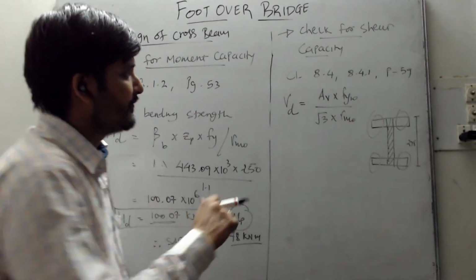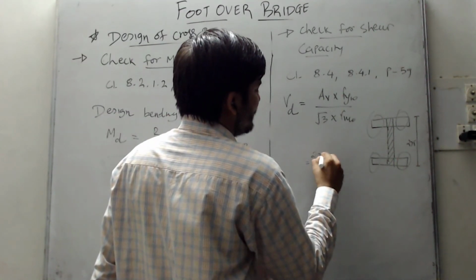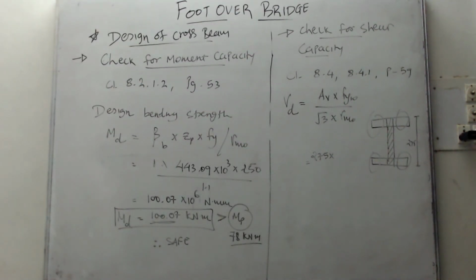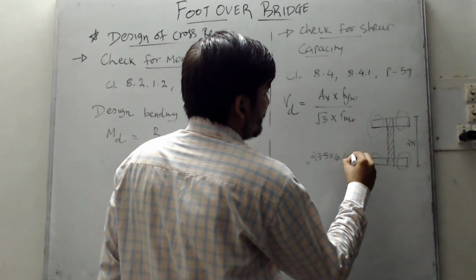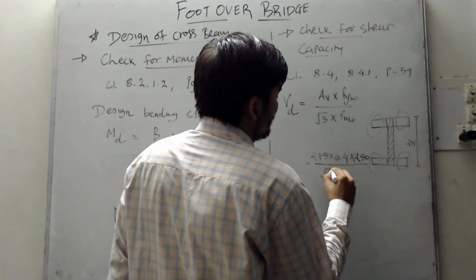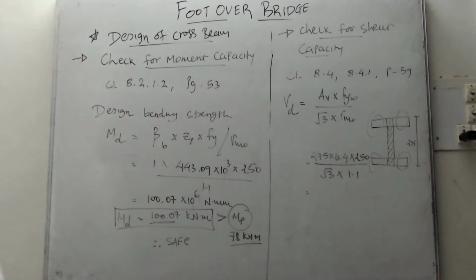That will be 275 multiplied by the thickness of the web, which was 6.4. So multiply by 6.4, multiplied by 250, divided by root 3 multiplied by 1.1, gamma MO is 1.1. If you calculate this value, this will be 230940 Newton.